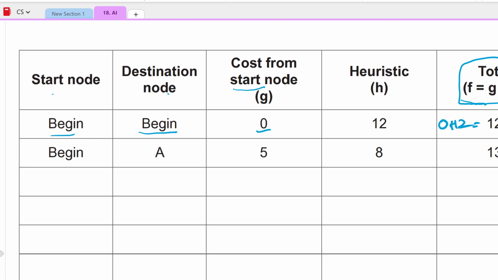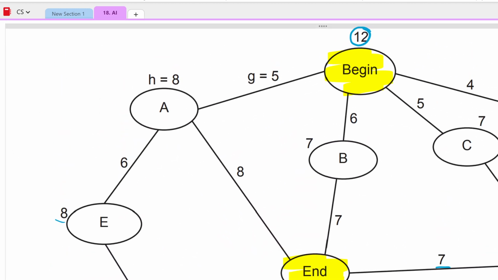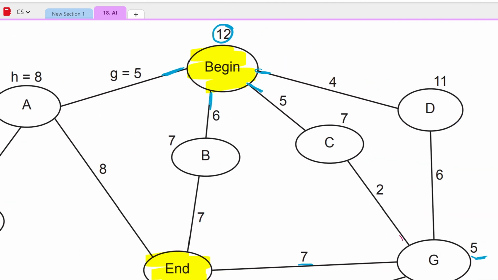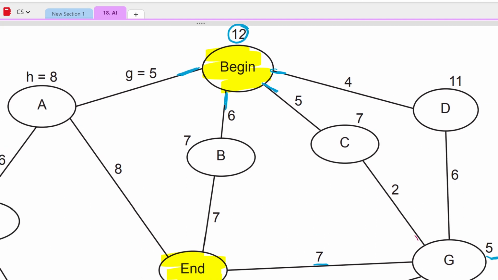Then we have begin to A. That means from begin, our connected nodes are A, B, C and D. We have to look at all of these nodes.